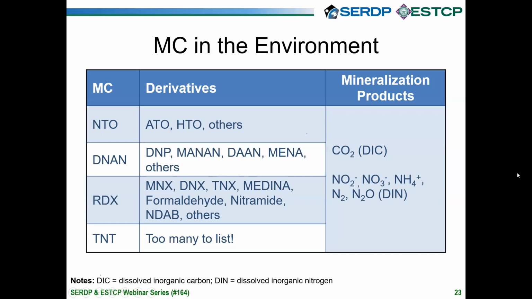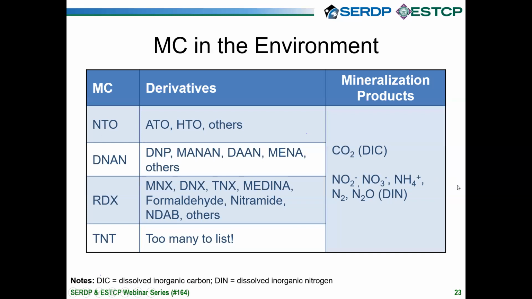As these compounds break down, often these derivatives are stepping stones to complete mineralization, wherein the carbon atoms contained in these compounds end up as CO2, or in some anaerobic environments as methane, but generally considered part of the DIC, or dissolved inorganic carbon pool.